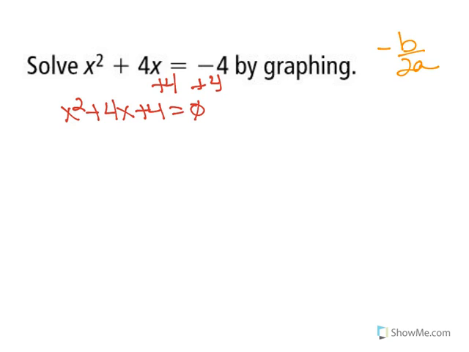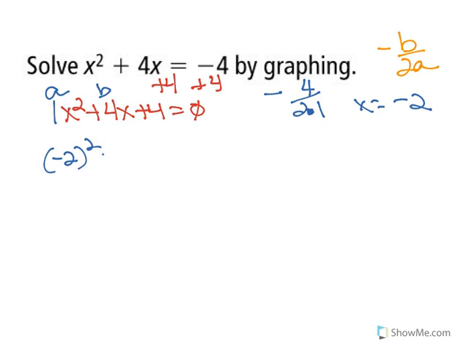So this is our b, and 1 is our a, so we've got negative 4 over 2 times 1. 4 divided by 2 is 2, negative, so x equals negative 2. Let's put it back in to find our y. Negative 2 squared plus 4 times negative 2 plus 4.